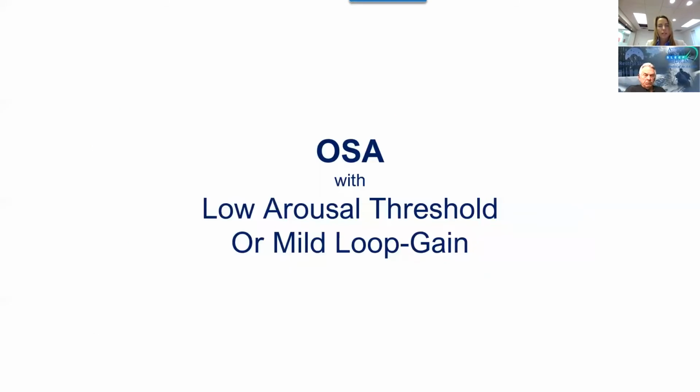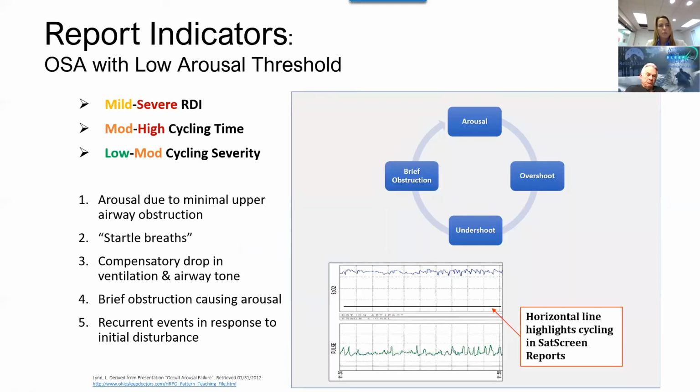Okay, and the next case that we're going to look at here is an example of obstructive sleep apnea associated with a low arousal threshold or mild loop gain. Typically, in some patients with milder forms of obstructive sleep apnea, they may be desaturating just a little bit, but their body overcompensates for that obstruction.